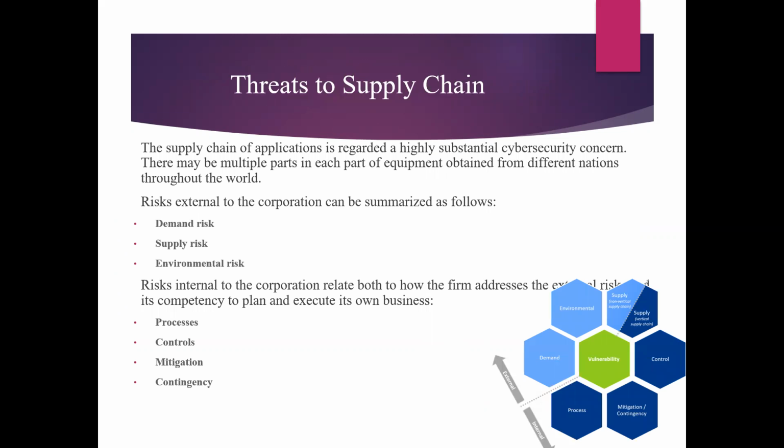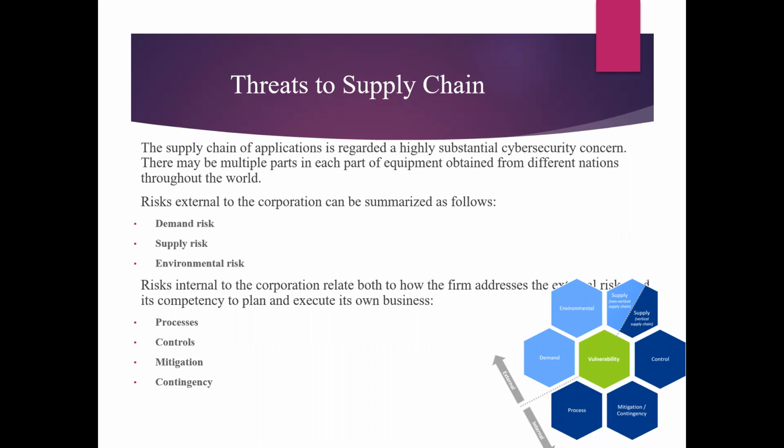The next aspect of this briefing to consider are the known threats to the supply chain. This is because the supply chain of applications is considered a significant cybersecurity concern. There are various parts in each piece of equipment acquired from different nations worldwide, and the risks to the corporation can be categorized into three main subsections: demand risk, supply risk, and environmental risks.